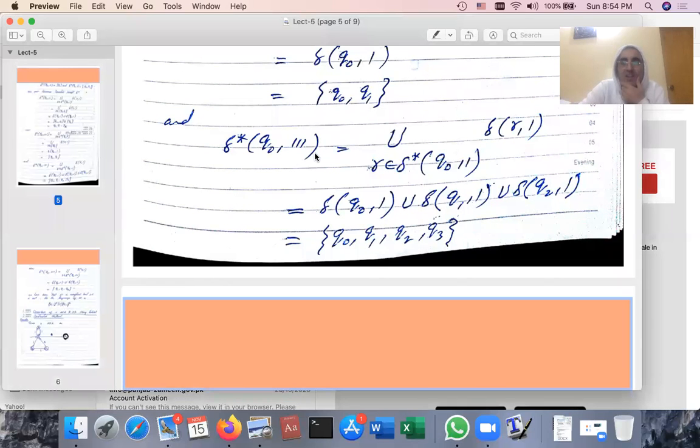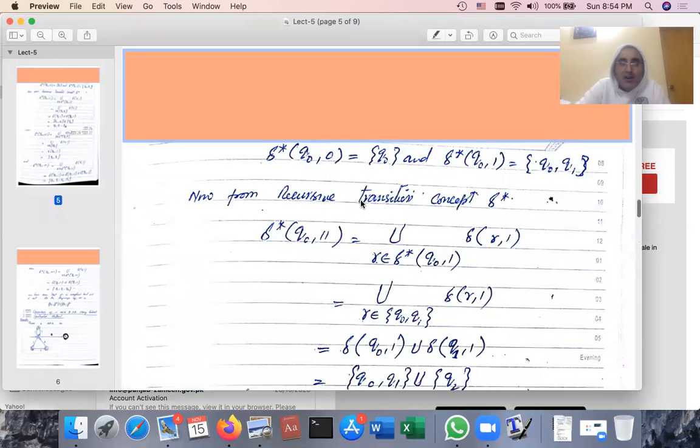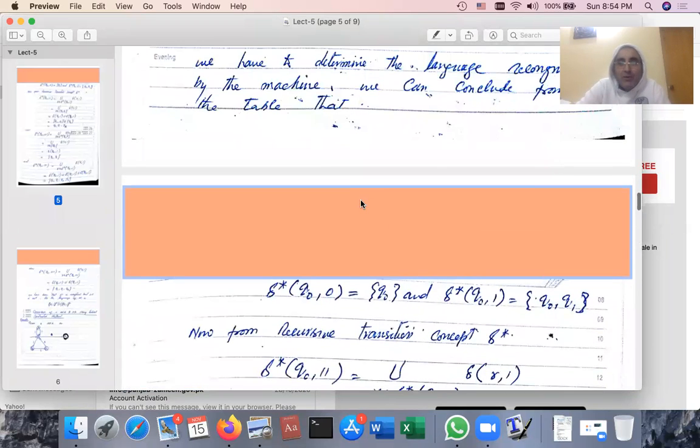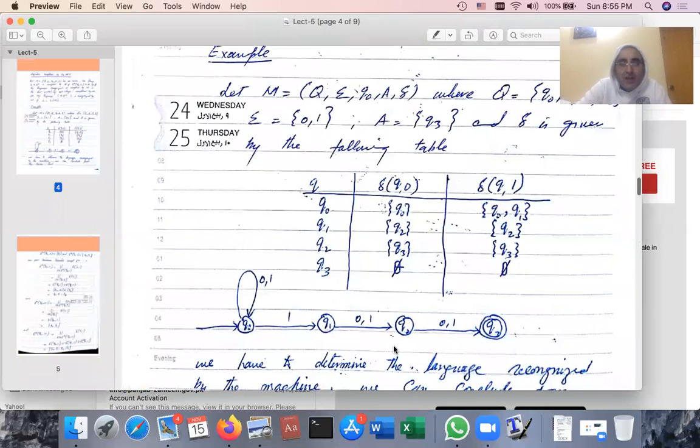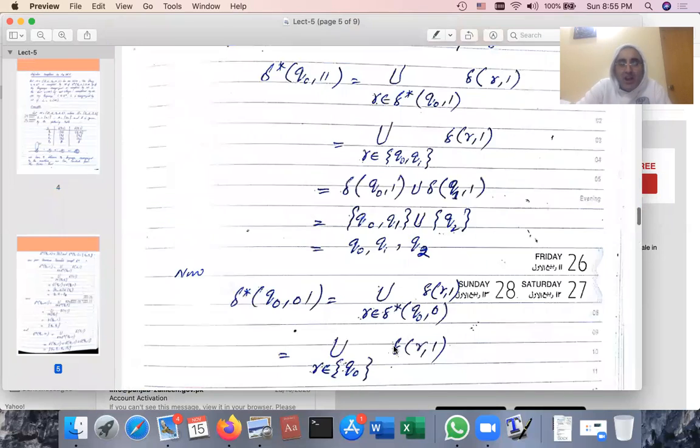So now I can say this string triple one is a string of the language that is accepted by this NFA. So this is an example for the representation of acceptance of an NFA.